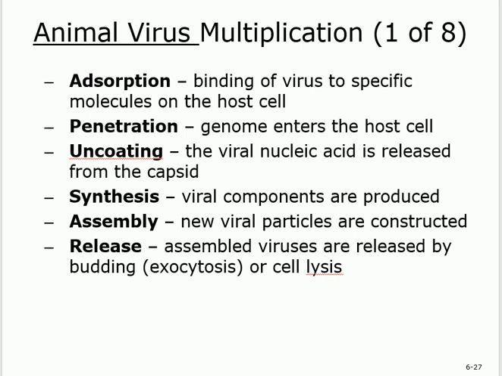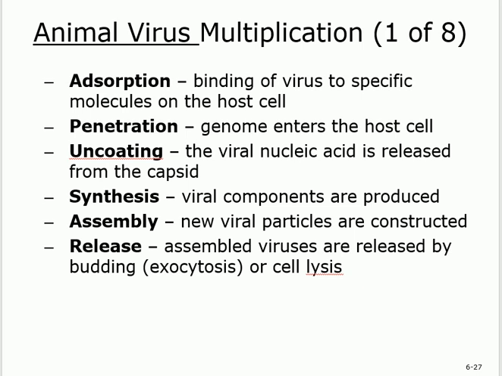It's the capsid. Just take the capsid off. Take your coat off. And then synthesis. You make the components. What are the components? The protein and the genetic material, DNA or RNA. Okay? So we are going to make these components.